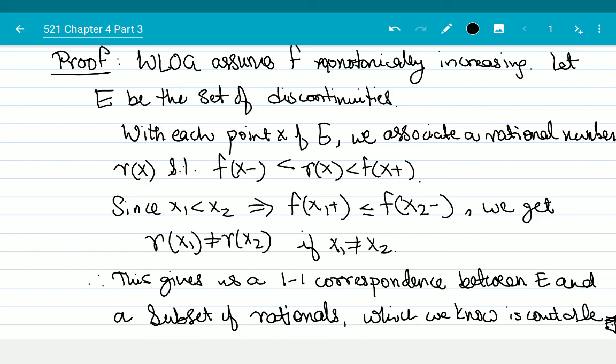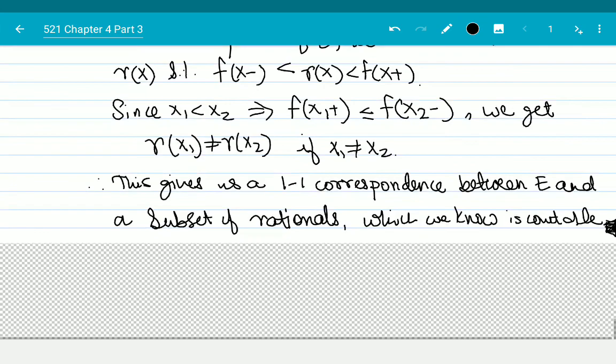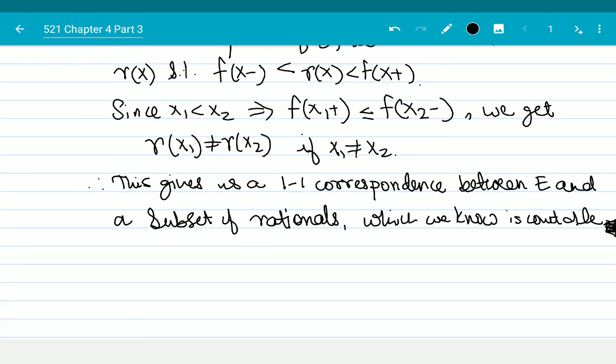And hence this entire set must be countable. Hence the set of discontinuities is at most countable.